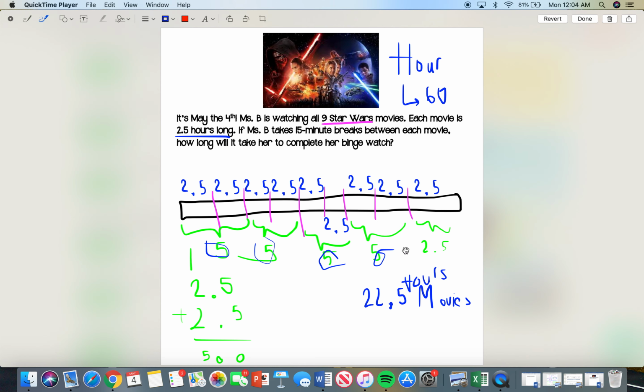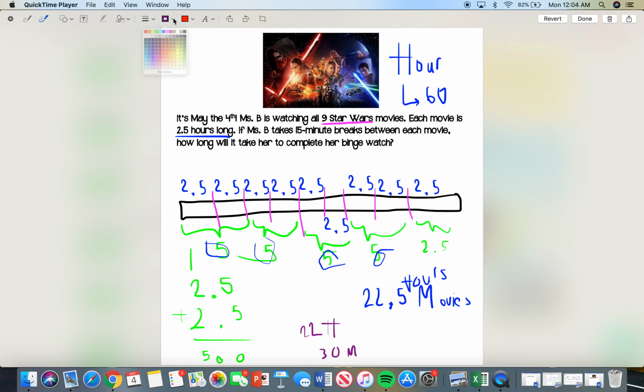If 1 hour is 60 minutes, 0.5 of an hour is 30 minutes. If you have questions about how we get that 0.5 of an hour is 30 minutes, you can come and talk to me during office hours. But what we know now is that I'm going to spend 22 hours, H for hours, and 30 minutes, M for minutes, on the movies.